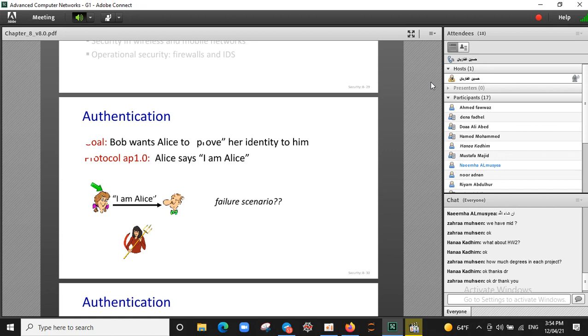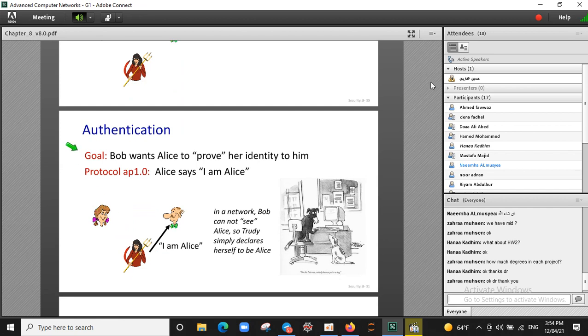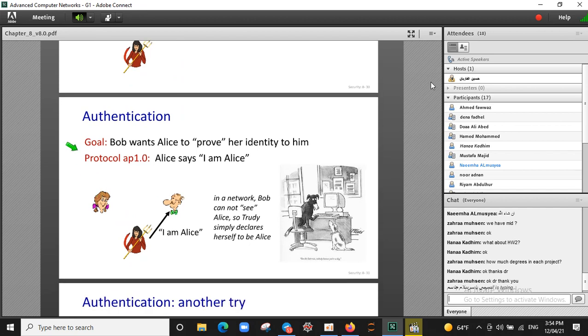But this scenario is not enough. Maybe Trudy sent me that message. Look at this one. Here, Trudy sends this message. Okay, I am Alice. Look at the cartoon here in the right corner of this slide.